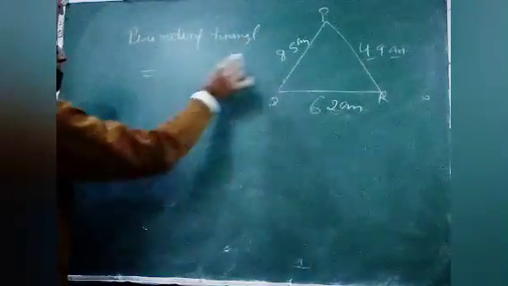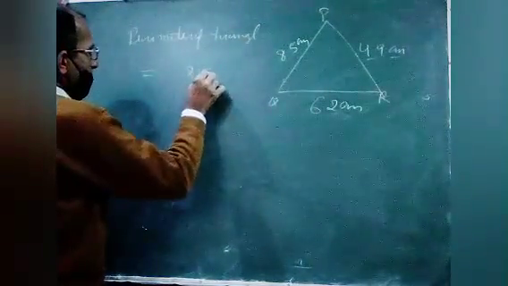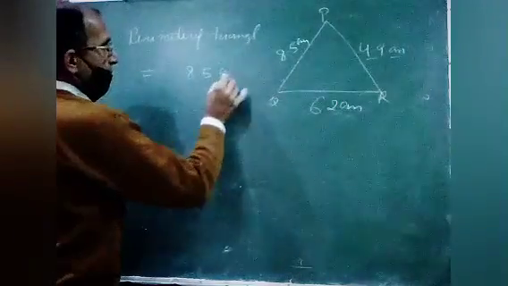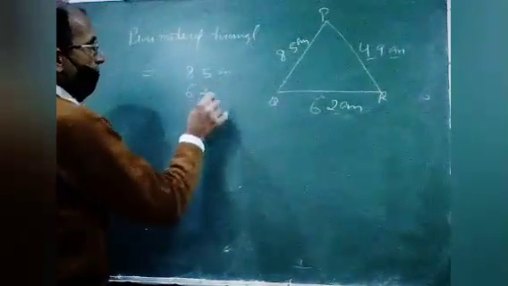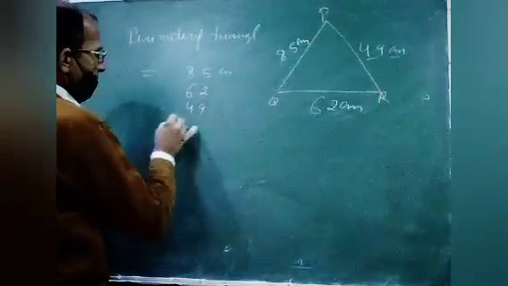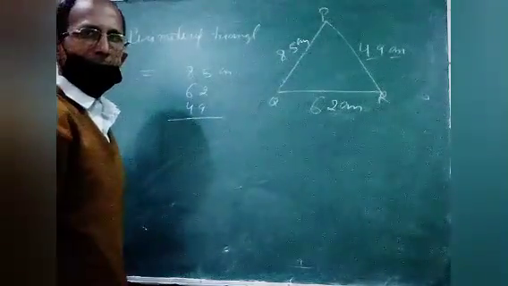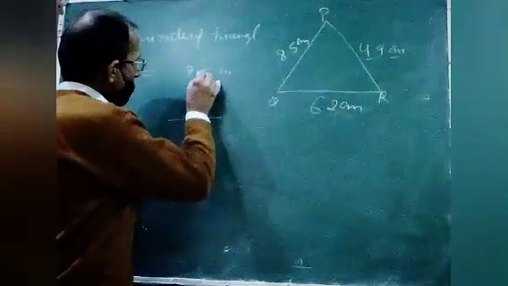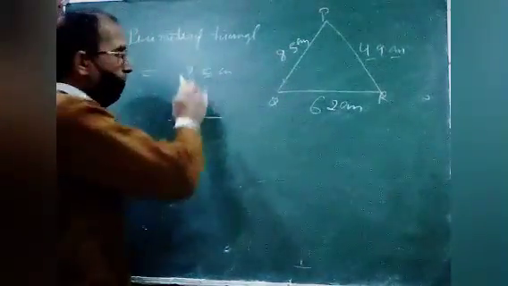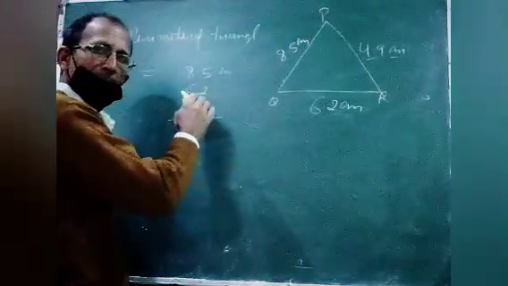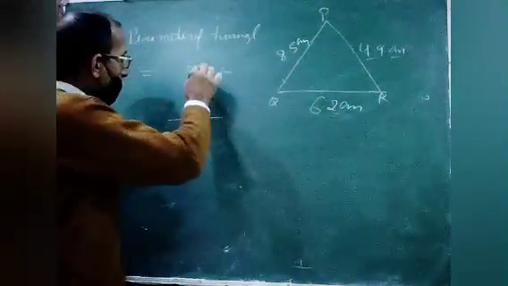Add all the sides. So 8.5 centimeter, 6.2 and 4.9. Students make mistakes when decimal forms are there. So we have to write decimal under decimal like this.